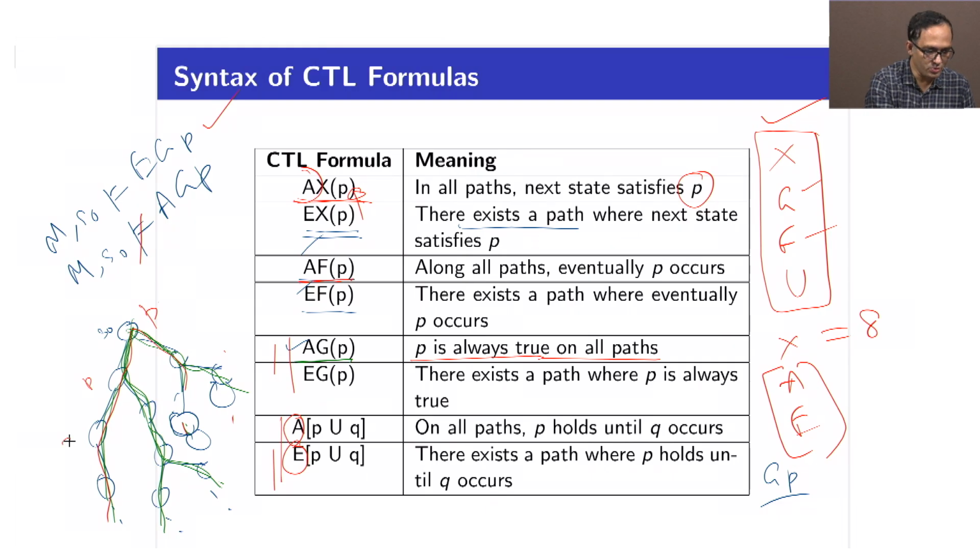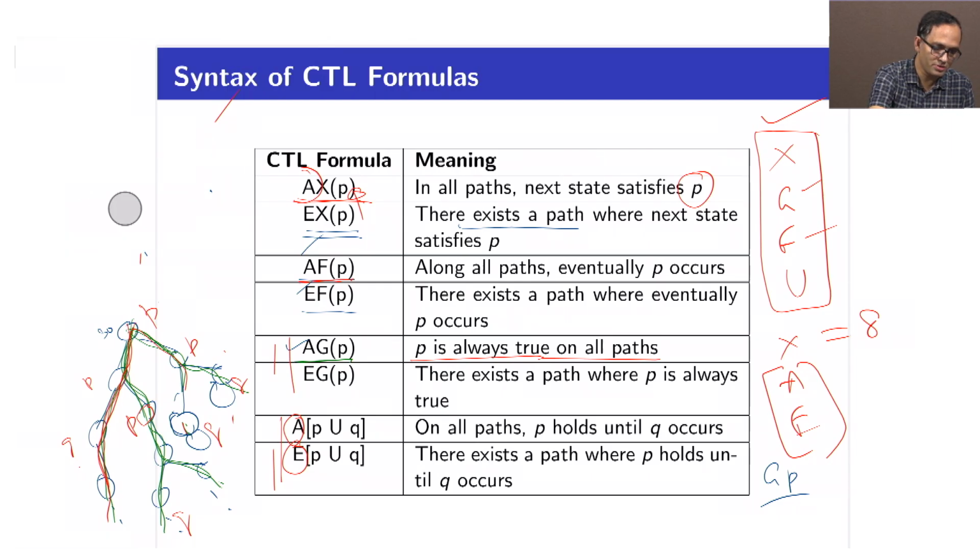So, I have Q here, I have Q here say, right, and say P here, P here, Q here, Q here. Let us say I have this scenario, then I will check whether both hold here or not. So, now here you see in this path I have P holds until Q holds, right. So, in this path P until Q holds. So, I will always say that there exists a path in which this is satisfied, EP until Q holds, right.